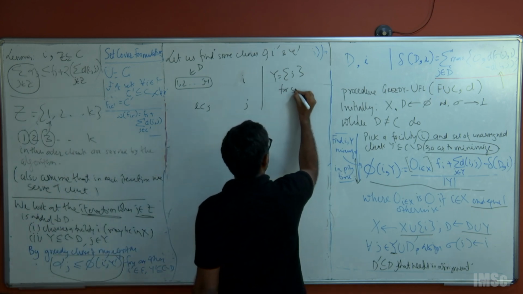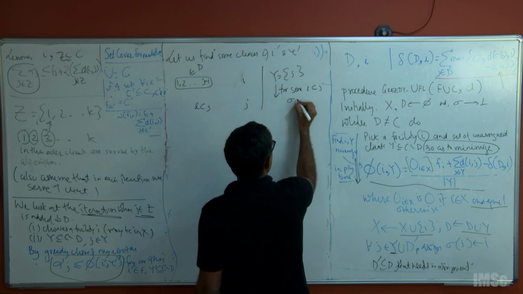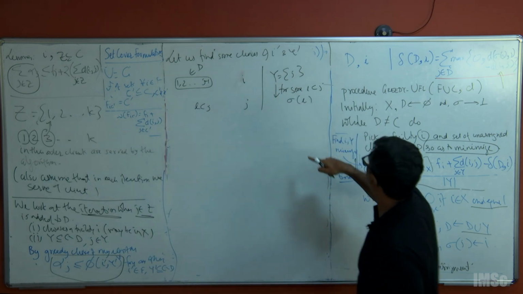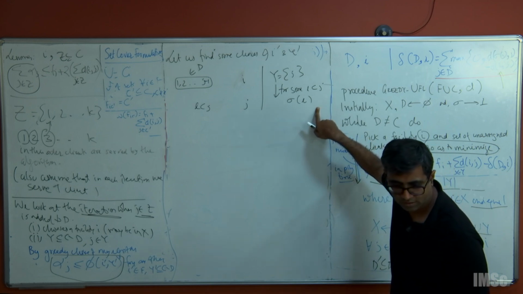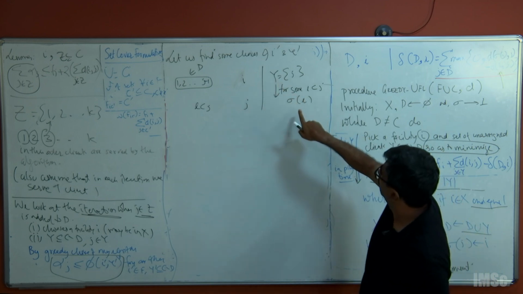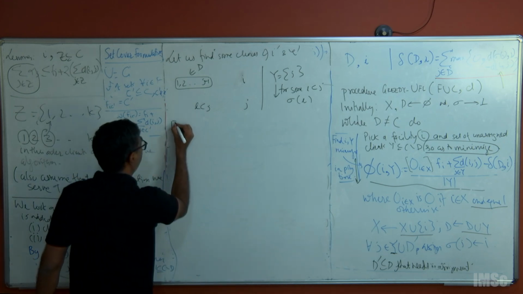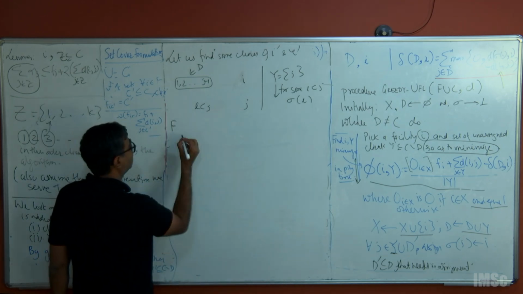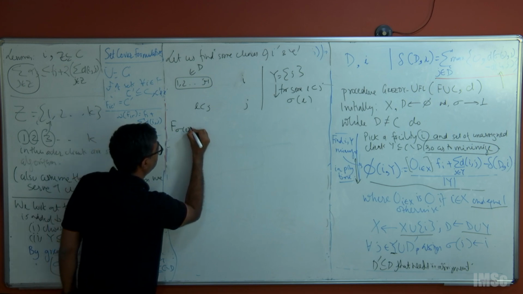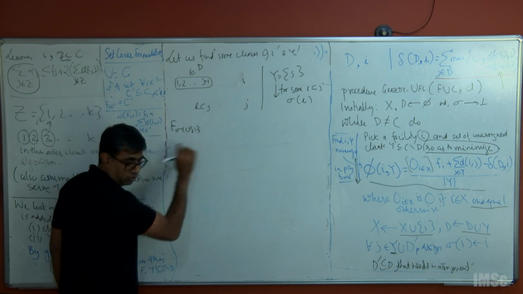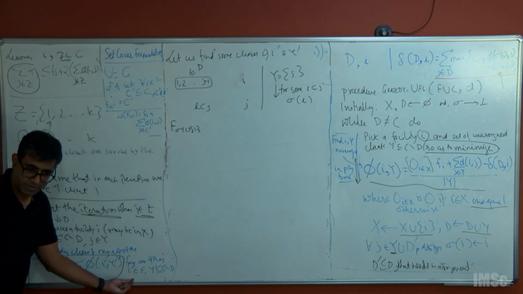For some L less than j, sigma L is the facility that L maps to. Why do I not consider my set F, sigma L, and j? This is also a potential set which you did not pick in your algorithm. You understand my point or not?